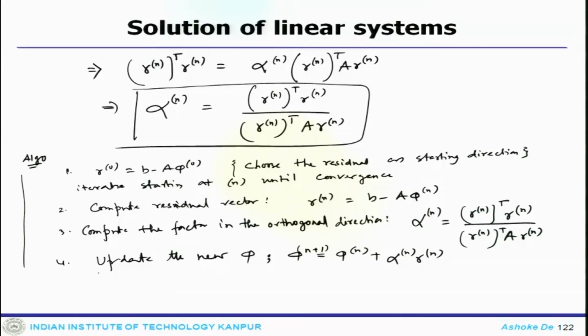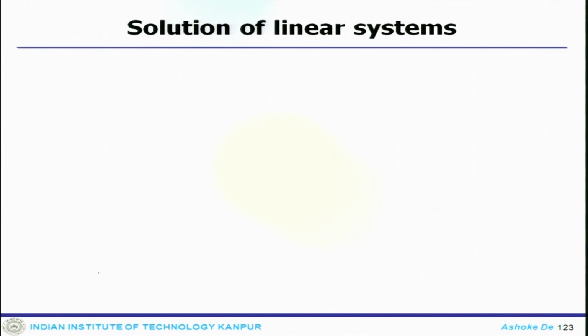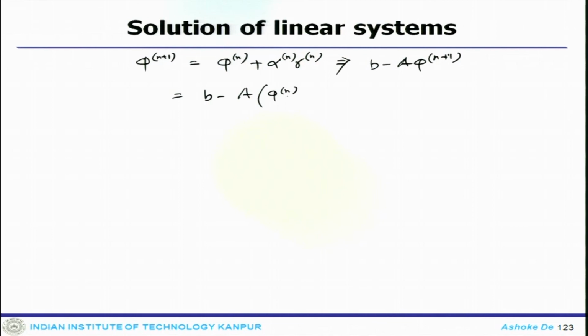One of them can be eliminated by multiplying both sides by negative A and adding b to get phi n plus 1 equals phi n plus alpha n R n, which is b minus A phi n plus 1 and b minus A phi n plus alpha n R n.